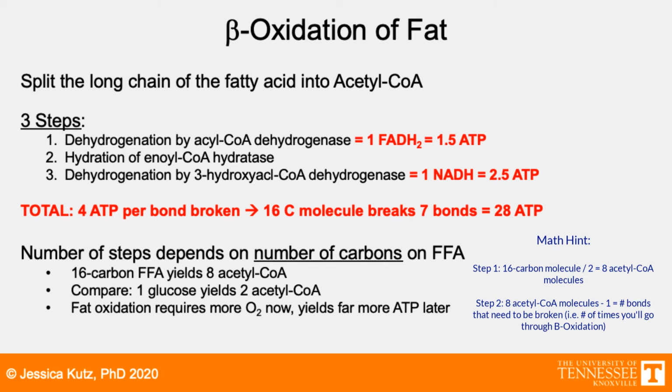And that's going to tell you how many acetyl-CoA molecules that you're going to have. When you need to know how many bonds you have to break in order to generate those acetyl-CoA molecules, you take the number of acetyl-CoA molecules that you're going to generate and you subtract 1, and that will give you 7 bonds that you'll have to break in this case.